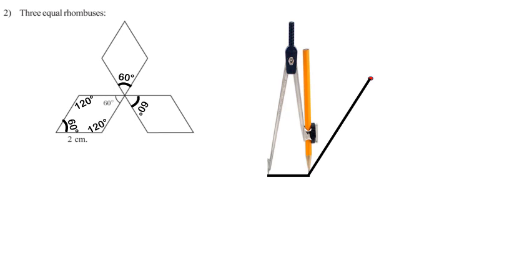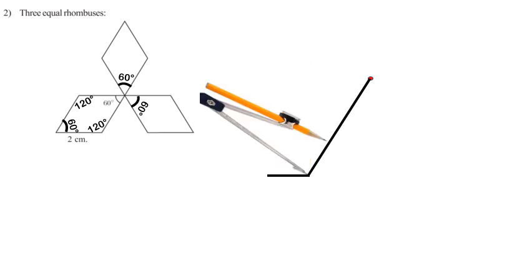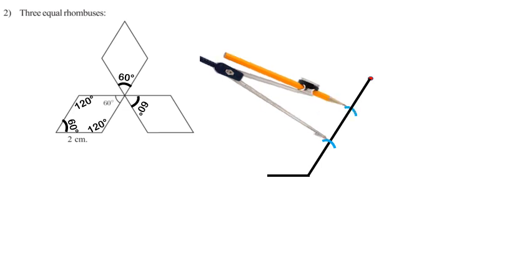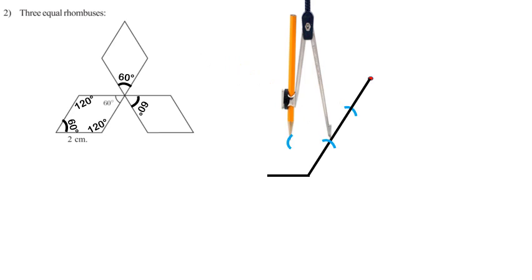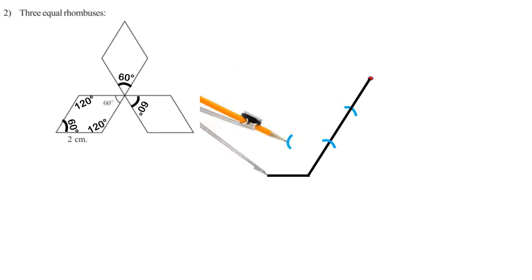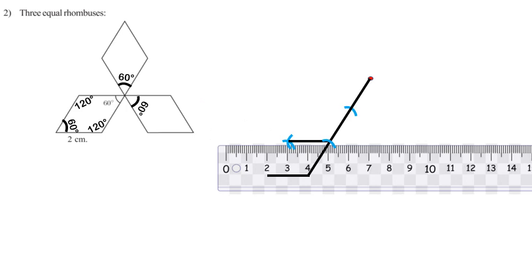Then keep this point as center and draw another arc from this point. Then draw one more arc from the vertical line. We got one intersecting point. Then use our ruler and join these points. Then we get one complete rhombus.